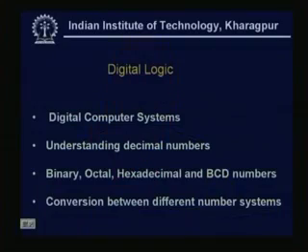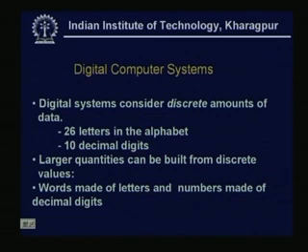Digital computer systems consider discrete amounts of data, say the 26 letters in the alphabet as an example, or our 10 decimal digits 0 to 9. Then larger quantities can be built from discrete values, like words, say computer: C is a letter, O is a letter, M is a letter.